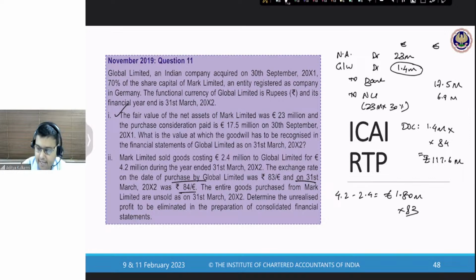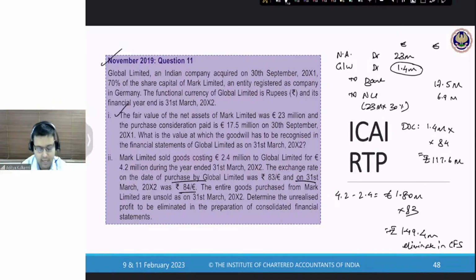So 1.8 into 83. 149.4 million rupees. 14 crore 94 lakhs. You will have to eliminate 149.4 in consolidated financial statements.